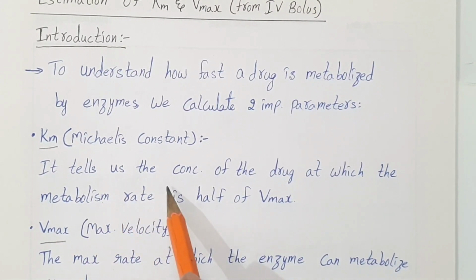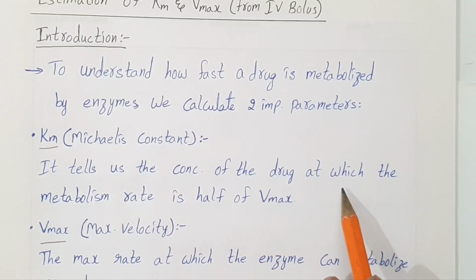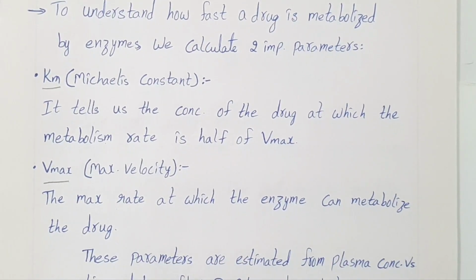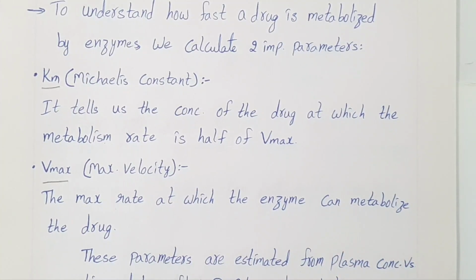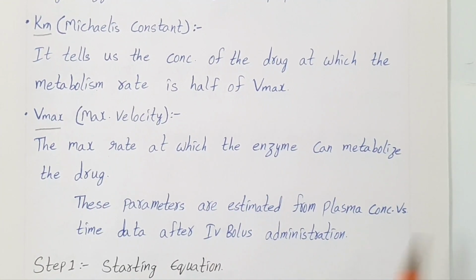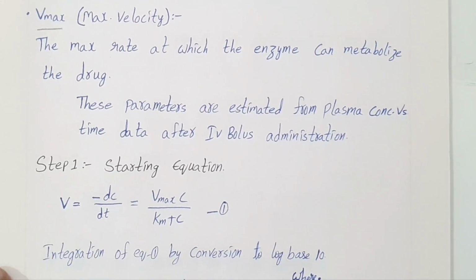Km tells us the concentration of the drug at which the metabolism rate is half of Vmax, while Vmax is the maximum rate at which the enzyme can metabolize the drug. These parameters are estimated from plasma concentration versus time data after IV bolus administration.